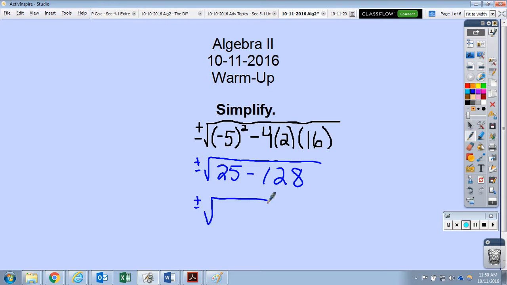Plus or minus the square root of -103. Oh, I actually got it right. Good. Good job.